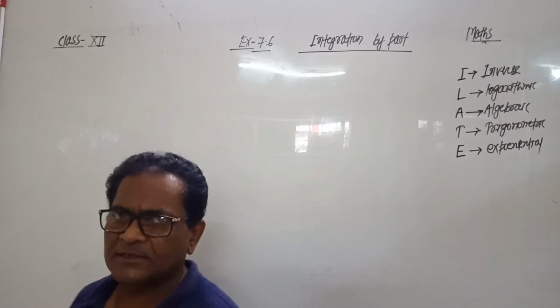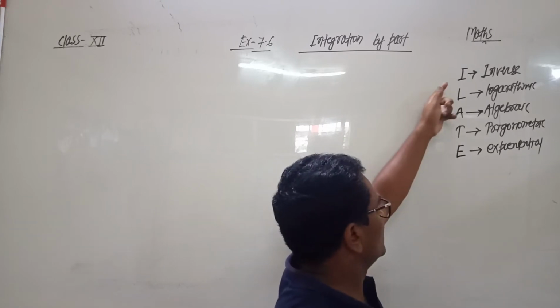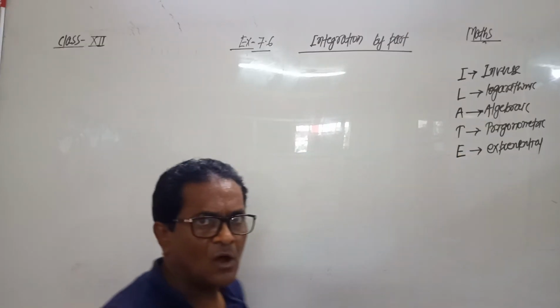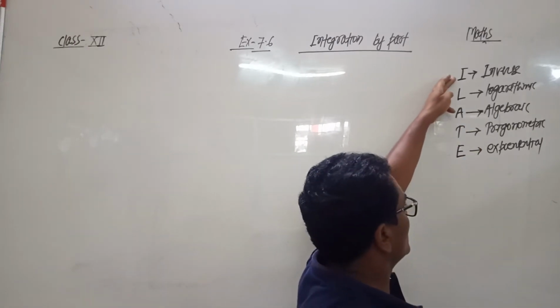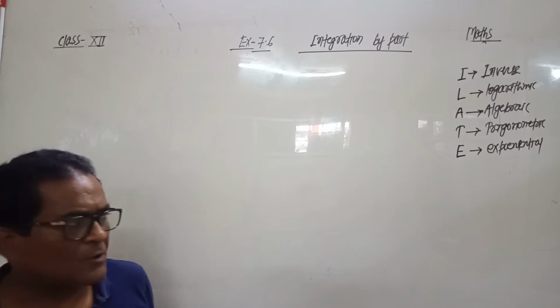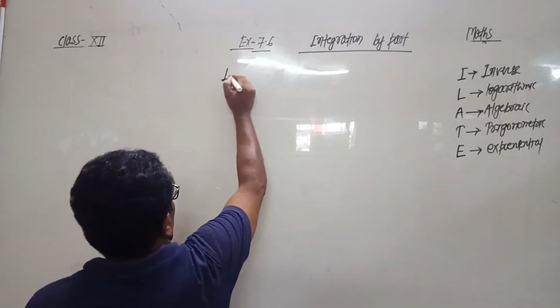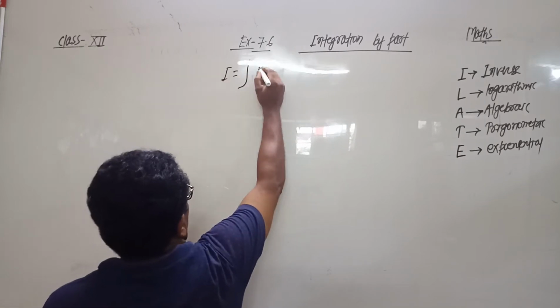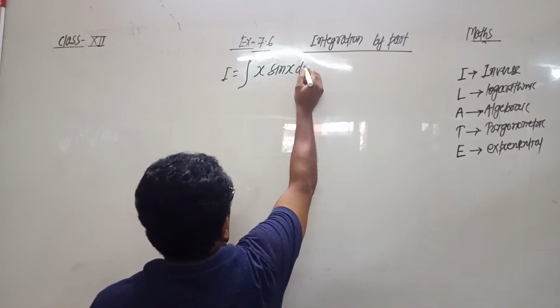So the first function and second function would be selected on the basis of which function comes first. Suppose there are two functions like integration of x into sin x dx.